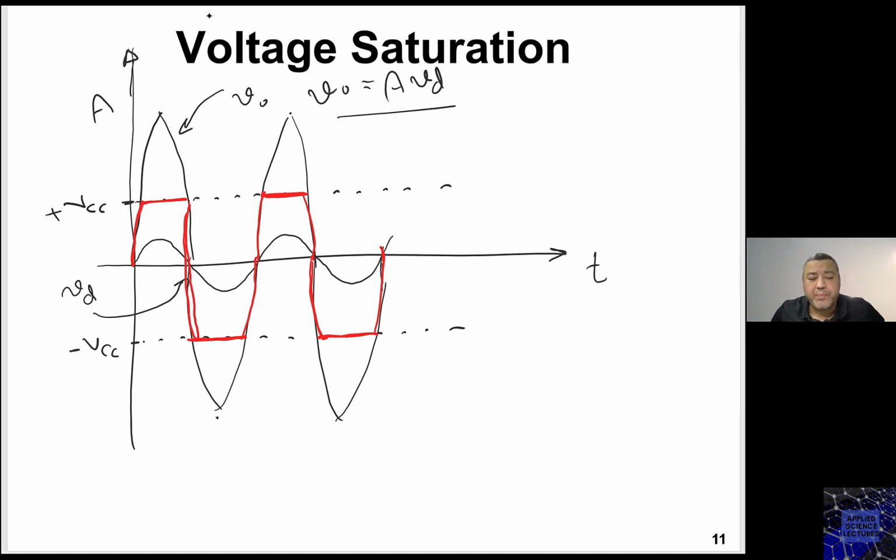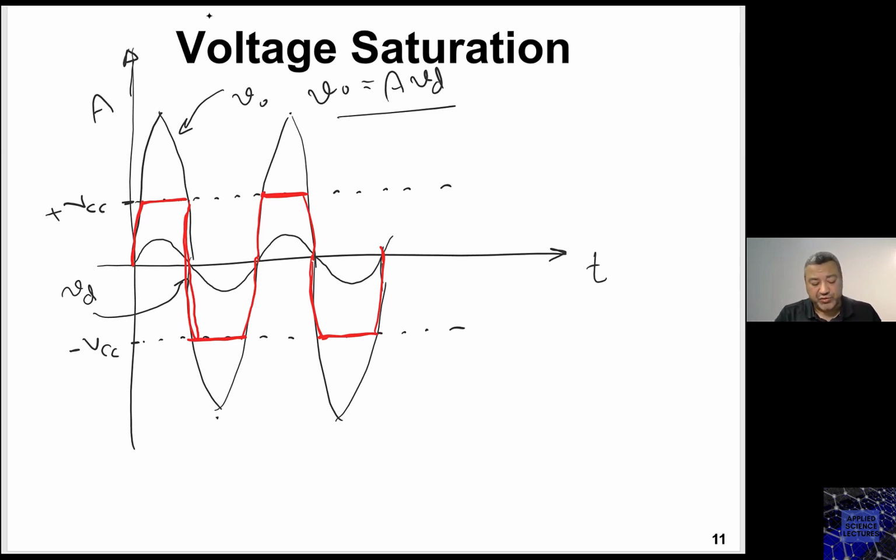Again, the input voltages for the op-amp are the source of energy that this op-amp is using to generate or reproduce those signals at its output.